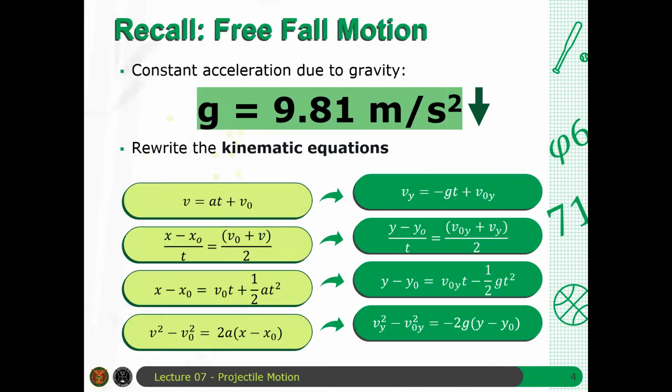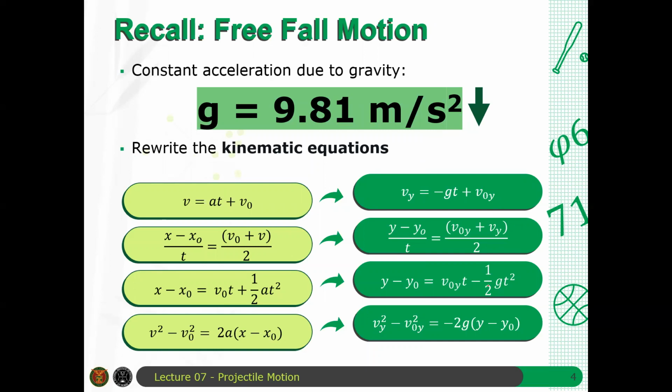So let's have a review. So naalala nyo si free fall motion. Remember your kinematic equations for free fall. Basically, what you just need to do there is to replace your acceleration by g. In that case, you have negative g here because the equations here assume that g is positive, and we are in a coordinate system where the downward direction is negative.